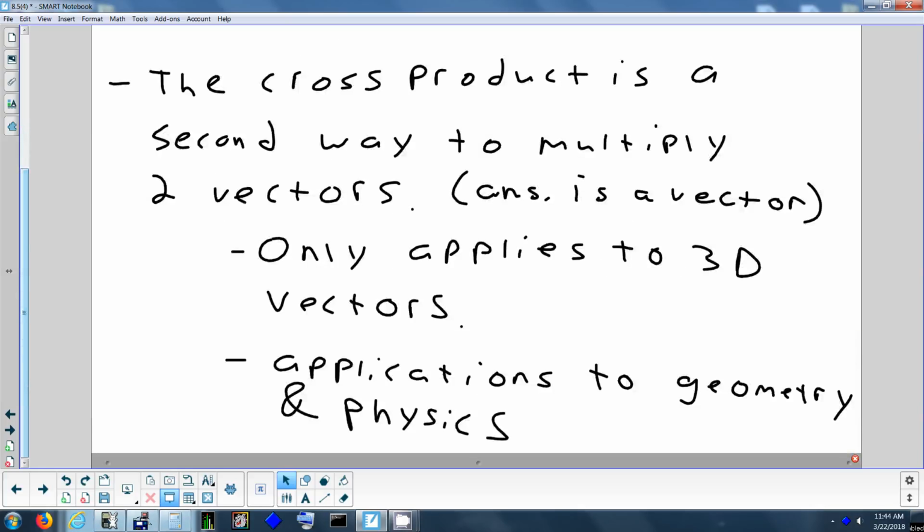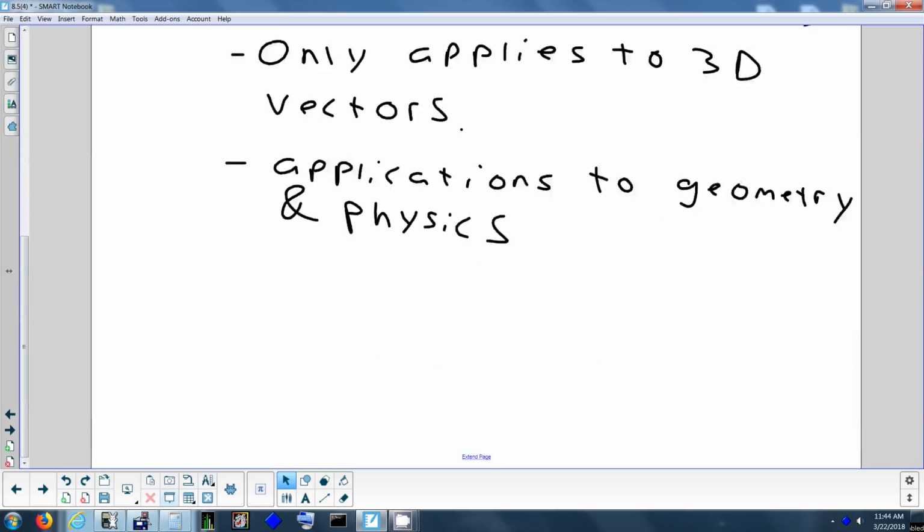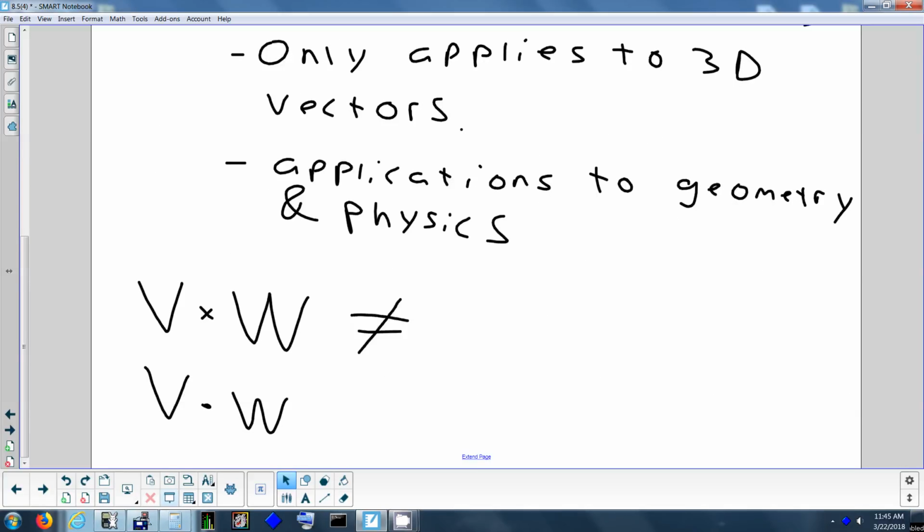So I tried to explain to you an application to flying. There are other applications with physics and geometry. Calculus, a ton of stuff in calculus with cross product. But not really a calculation we're going to get into. The symbol for it, what you would probably guess, it's a little cross. That means V cross W. This means V dot W. And when you find a cross product, you cannot switch the order.